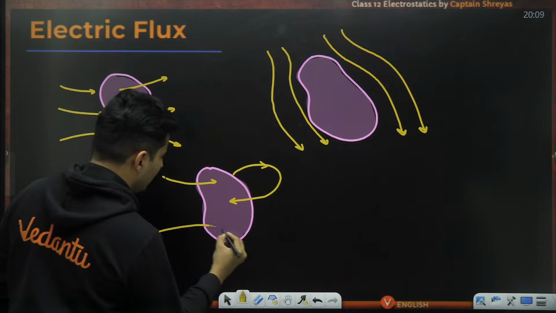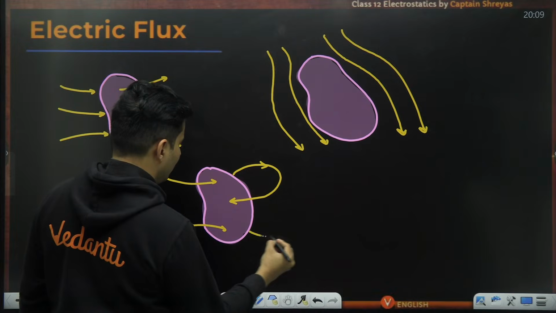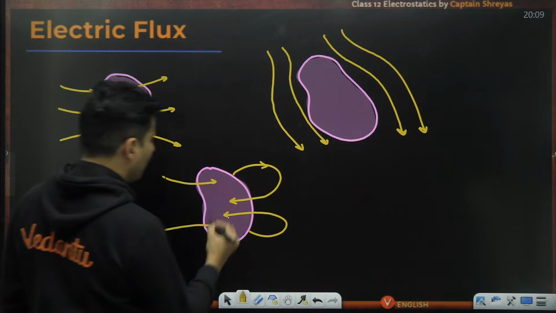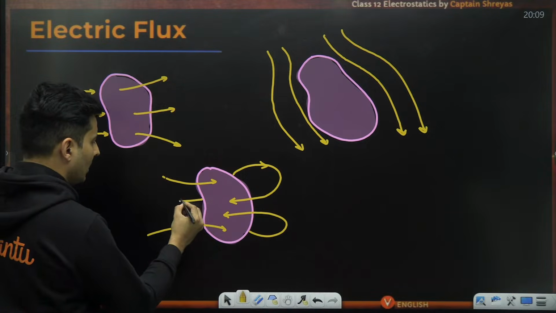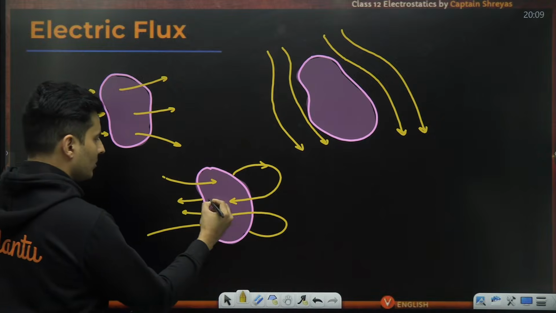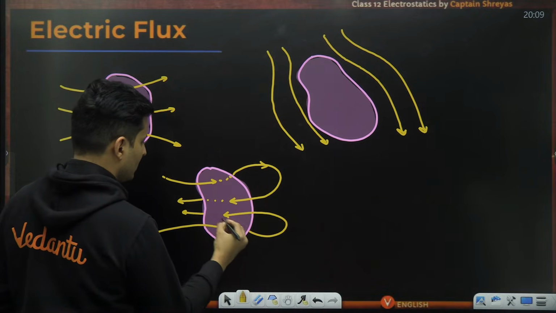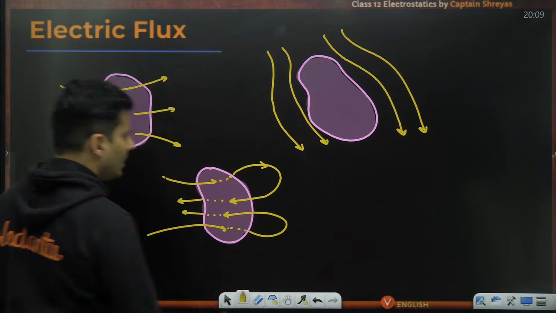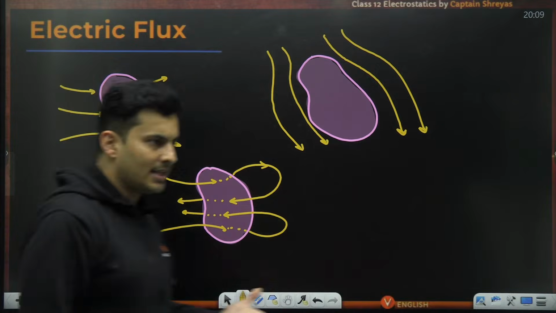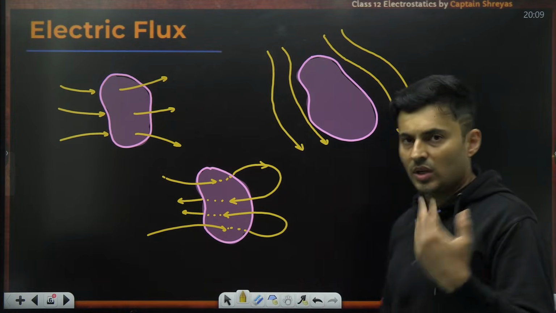The field lines go like this, and maybe they again hit back and come back from here like that. So in each case, let's understand whether there is some kind of flux or not.